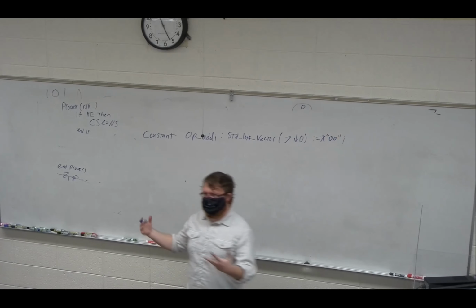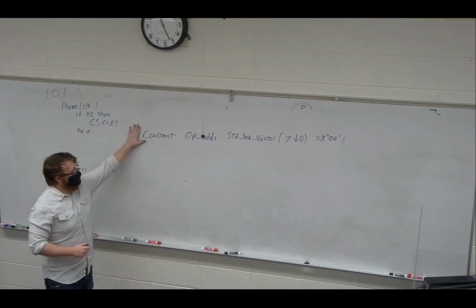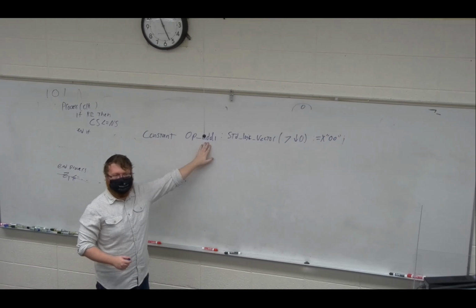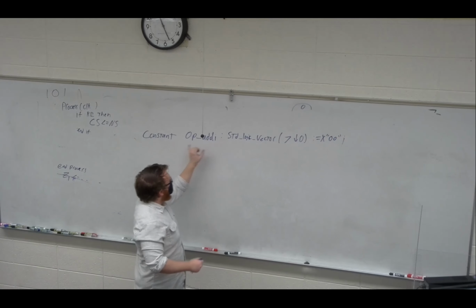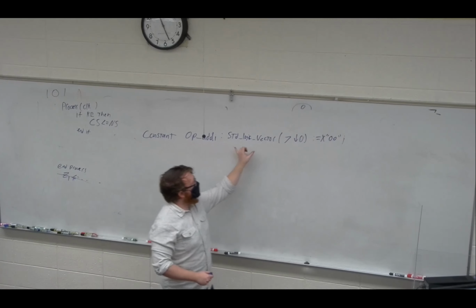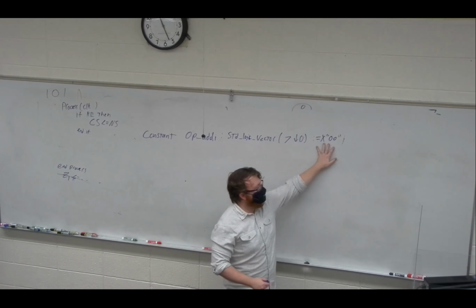So here's an example of what it does. I want to declare a constant called operation add I, or add immediate. Operation add I is going to be an 8-bit standard logic vector that holds the value 0, 0.